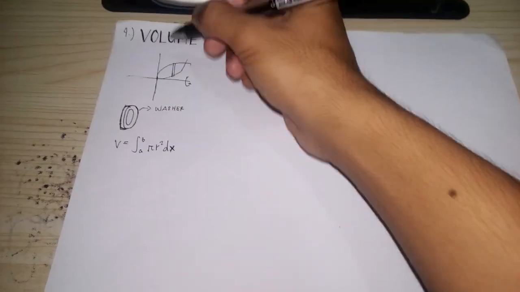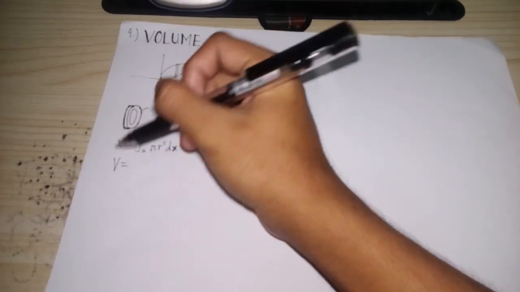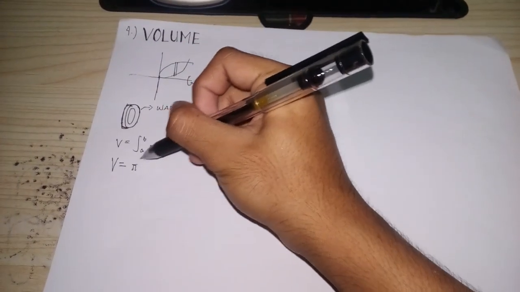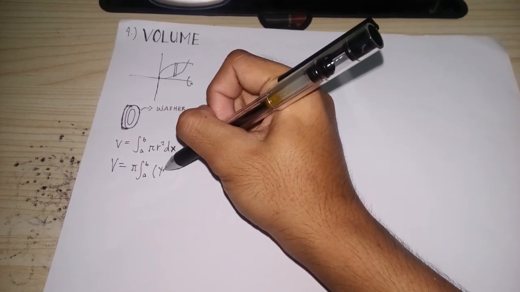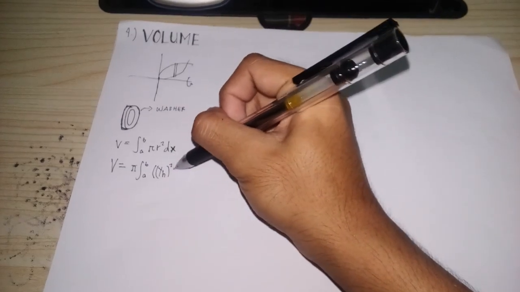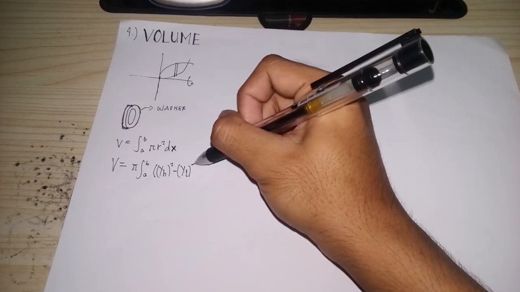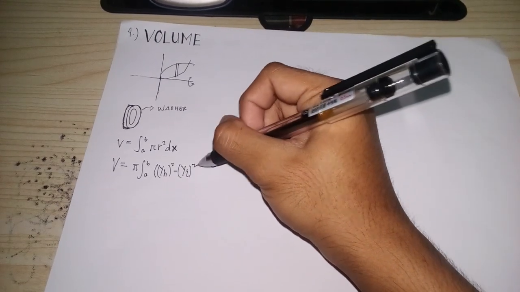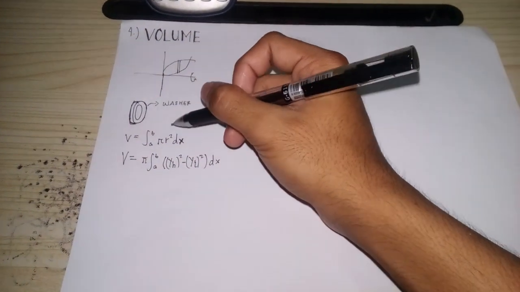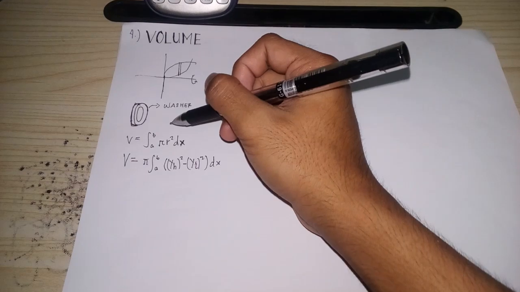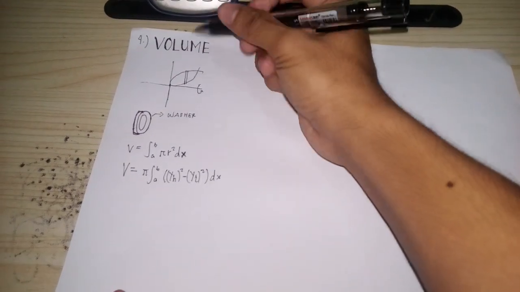So now this will become pi integral from a to b y high squared minus y low squared dx. So why is that? Since our r squared, this is also x. So this is our x here.